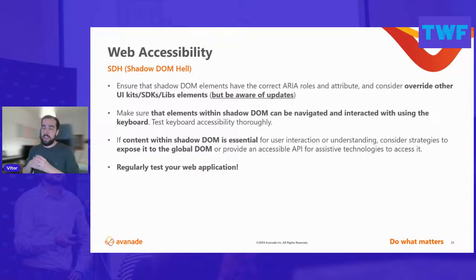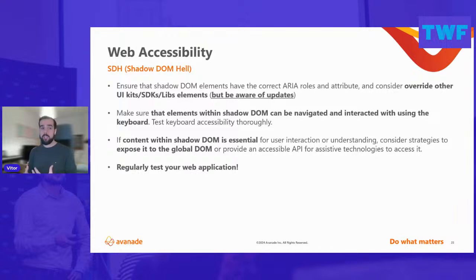But I think it's preferable to go to GitHub or open a ticket for them to change the UI elements and make them more accessible, because this is really, really important. So make sure that the elements in the Shadow DOM can be navigated, and that if they need to be interacted with, they can be accessed using keyboard navigation.